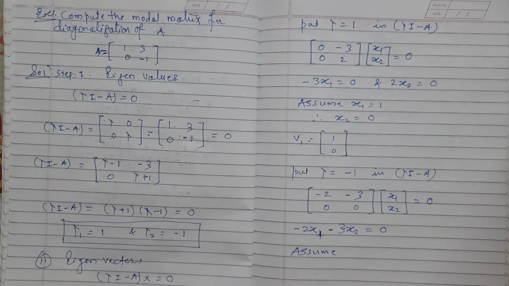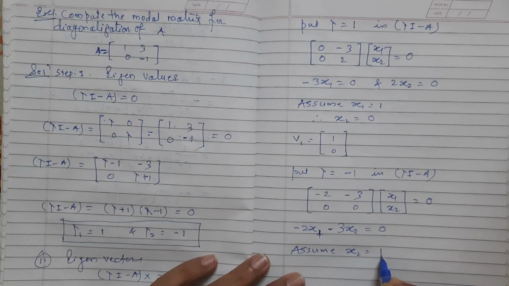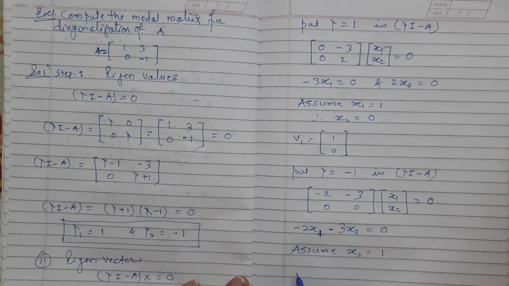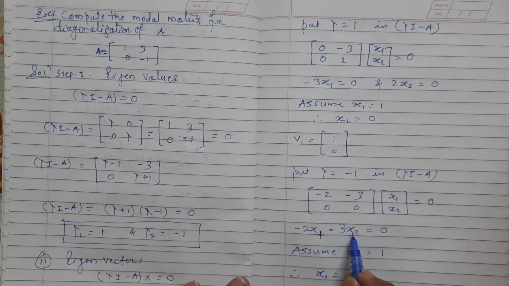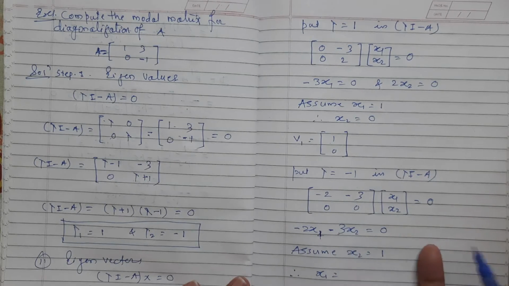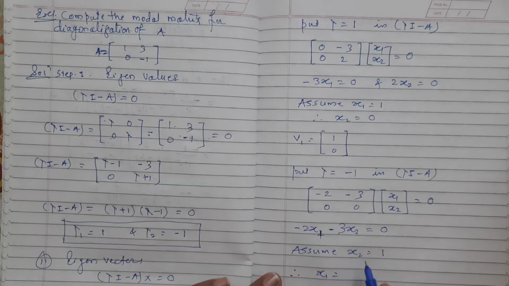Assume x2 is equal to 1. Therefore x1: if x2 is equal to 1, that means minus 2x1 minus 3 equals 0. So minus 3, if we transfer to this side, this becomes 3. So x1 is equal to 3 divided by minus 2, that is minus 1.5.